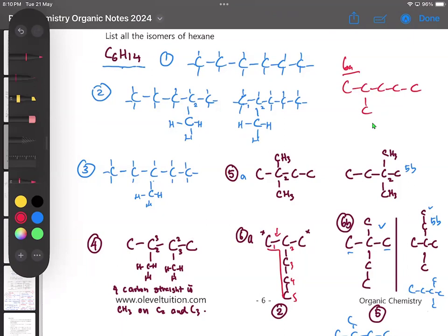Because the last carbon is attached to a different carbon, they become 2 different isomers. Same case for number 4 and number 5. Our longest chain is 4, but the 2 carbon attachment is attached in a different way also. That's why it's still different. Okay, something like that.